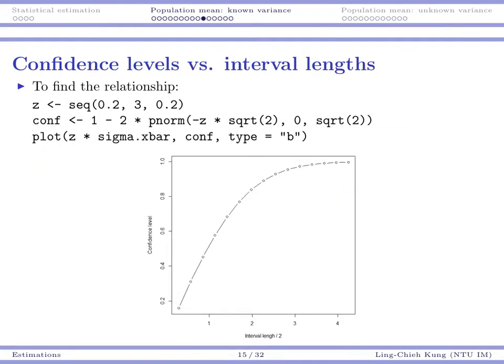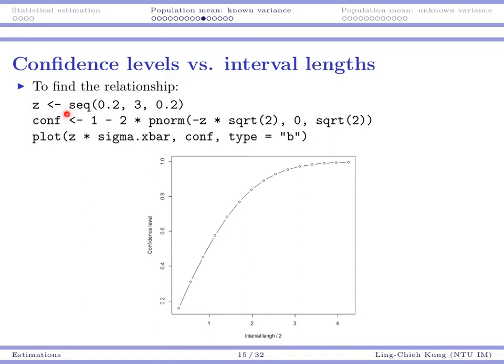So we know when the interval size or the leg size goes up, the confidence level will also go up, right? So what I want to do is to somehow depict the relationship between them. And we can do that with these 3 lines of code. I'm going to try different leg sizes, and for each leg size I want to calculate the confidence level.